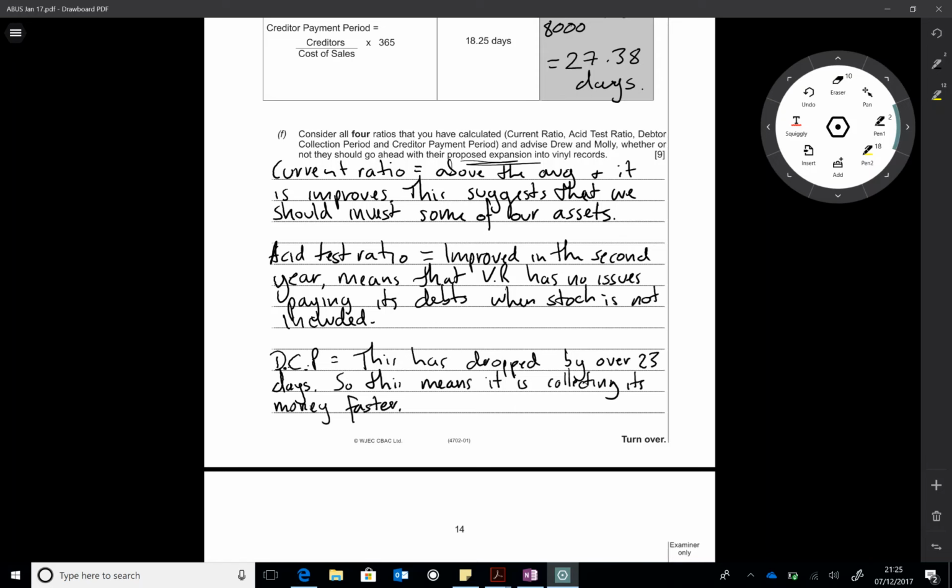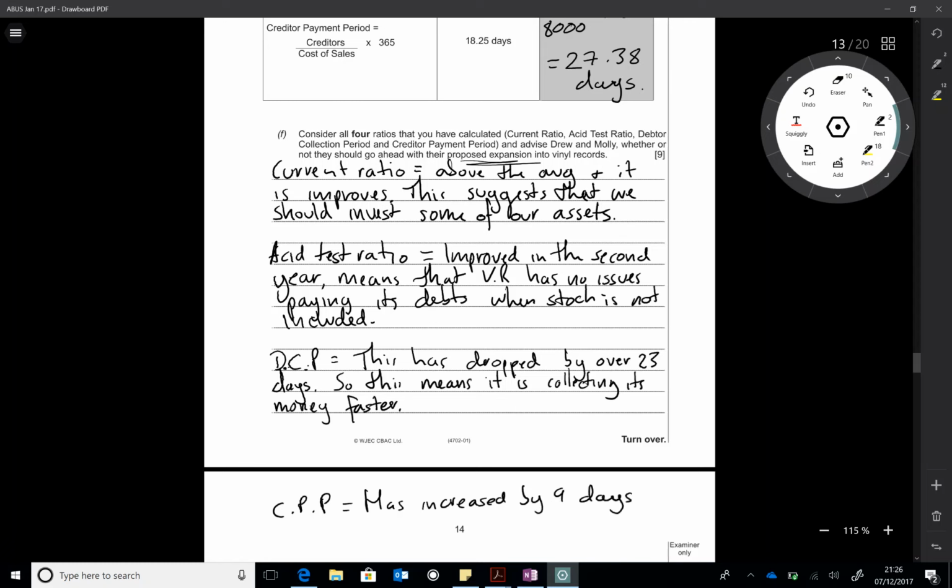So if we move on to our final bit, our creditor payment period, we can see that it's gone from 18.25 days to 27.38 days. So we can now say that this is increased by 9 days. Again, just stating the obvious.